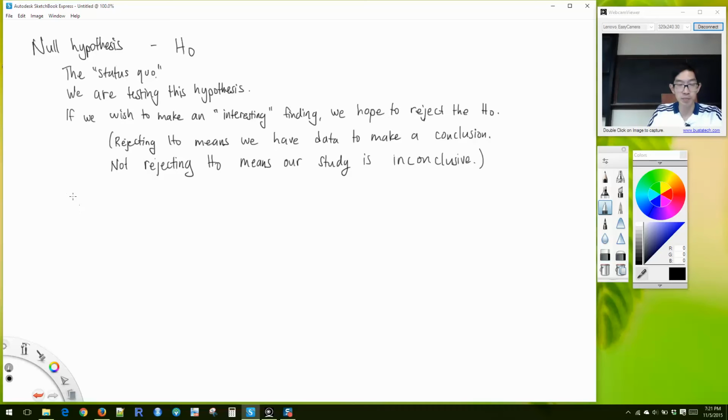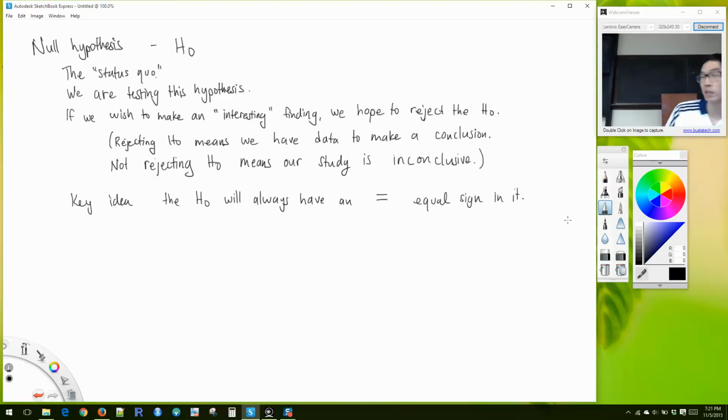So key idea is the null hypothesis will always have an equal sign in it. Maybe I'll write that out, equal sign. Okay, and by having an equal sign in it, it makes the hypothesis testable.